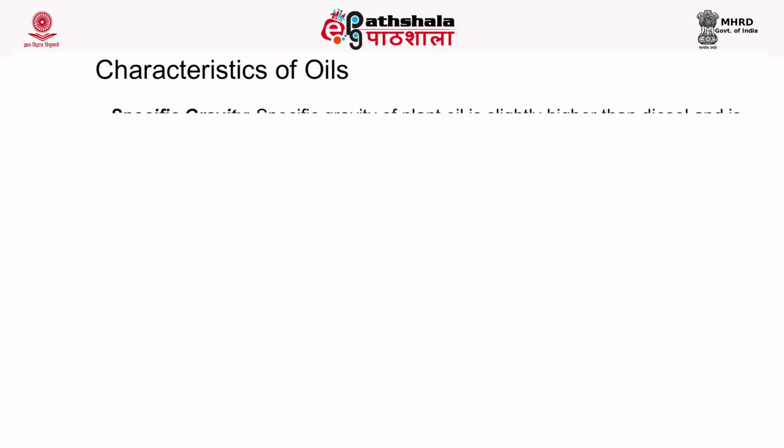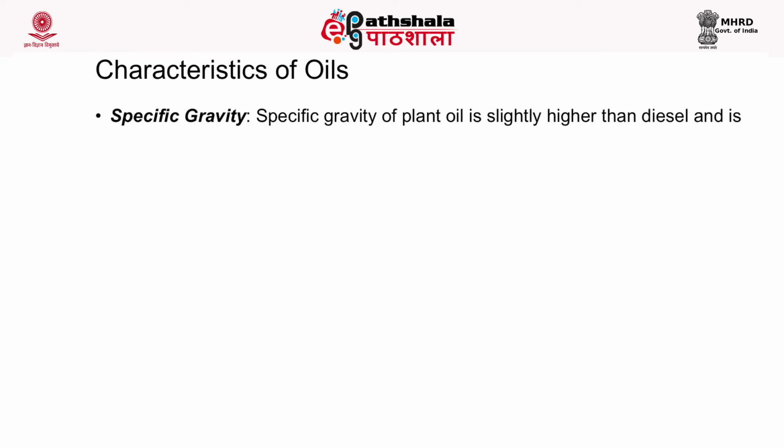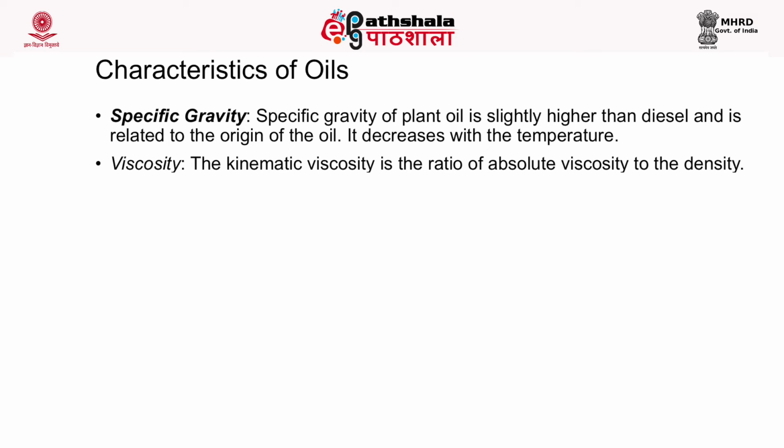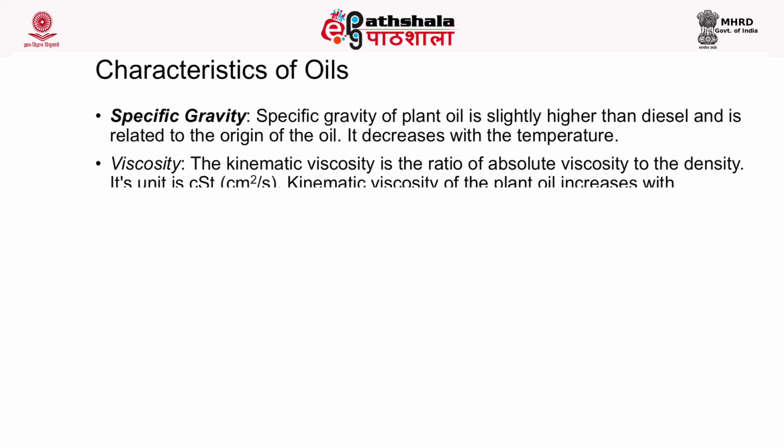Now the characteristics of oil. Specific gravity of plant oil is slightly higher than diesel and is related to the origin of the oil. It decreases with the temperature. Viscosity is represented as kinematic viscosity, which is the ratio of absolute viscosity to the density of the oil.